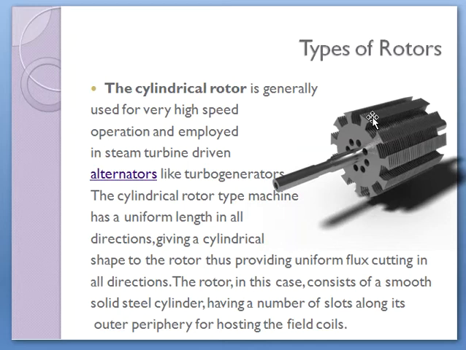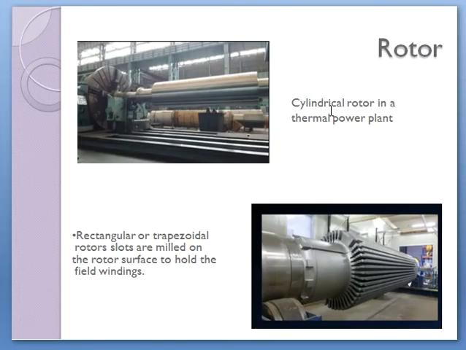The cylindrical rotor has a number of slots along its outer periphery for hosting the field coils and the poles. We can see here, this is the cylindrical rotor in the thermal power plant. You can see that it is very smooth on the outer surface.